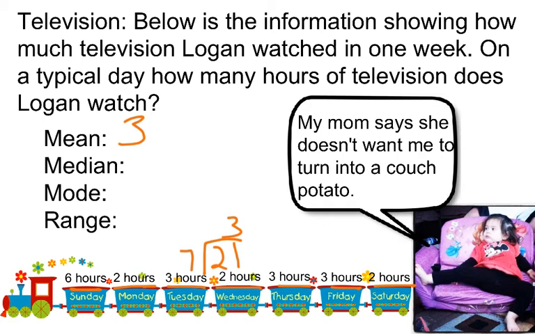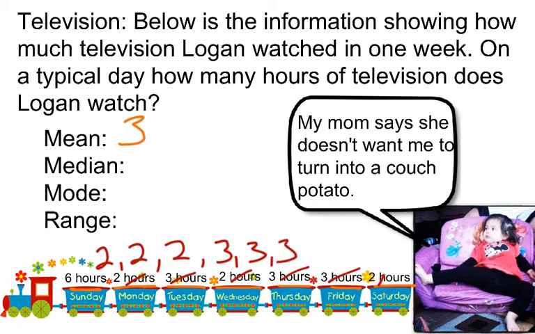Then we have our middle number, or our median. So we have to first order the numbers from least to greatest. And it's a good idea to check them off when you do this. And then we have 3, 3, 3, and 6.